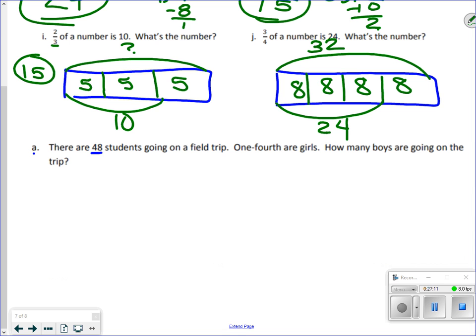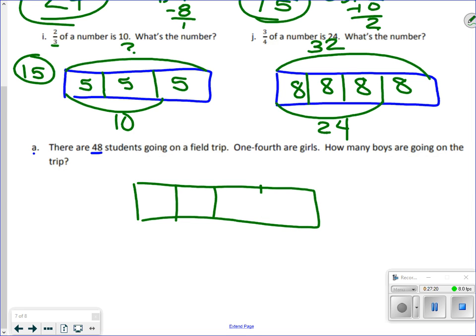There are 48 students going on a field trip. 1/4 are girls. And I've got 4 sections. 1/4 are girls. So that tells me that the rest have to be boys, because you've got girls and you've got boys. How many boys are going on the trip? So if I've got 48 divided by 4.